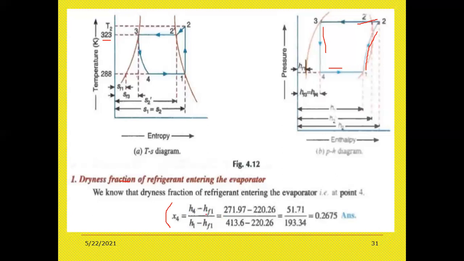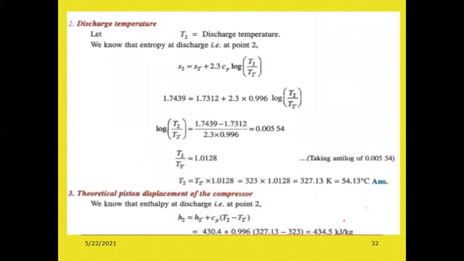The H4 value and HF1 value we have, and H1 and HF1 values also we have. Substituting those values we get 0.2675.